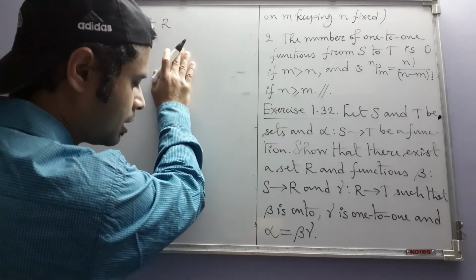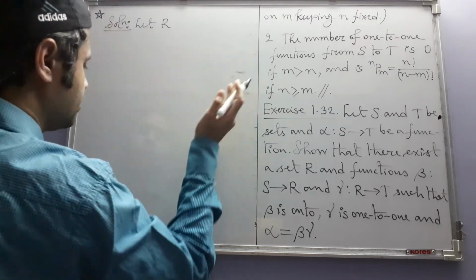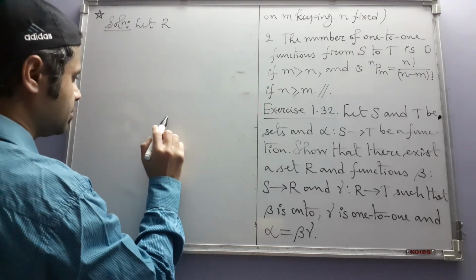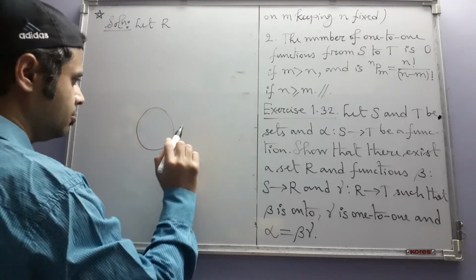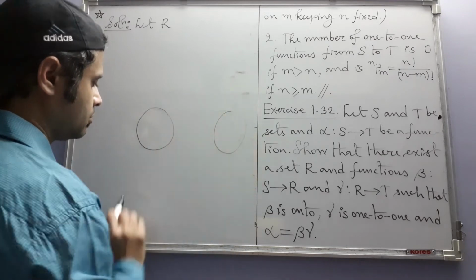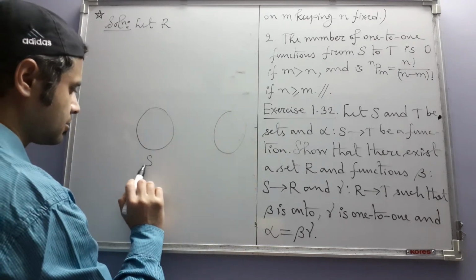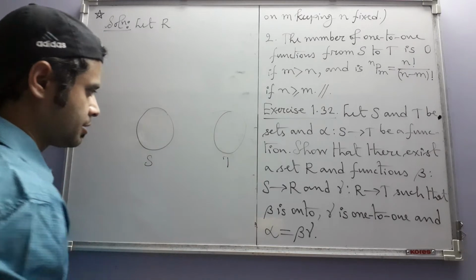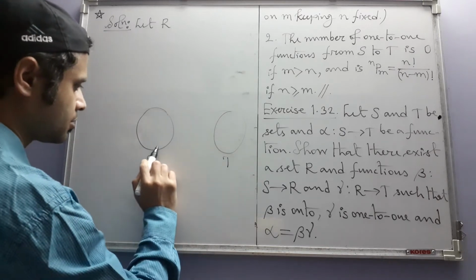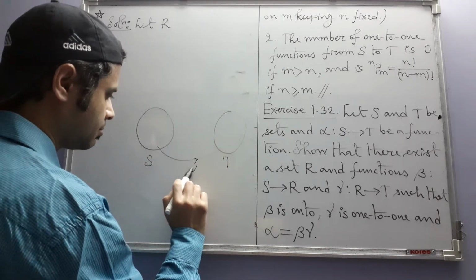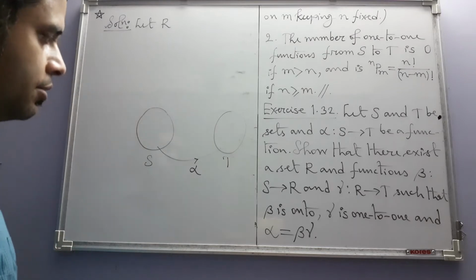Okay, so let us first see what we are trying to do here. These sets S and T are given to us, and a function alpha is given to us.